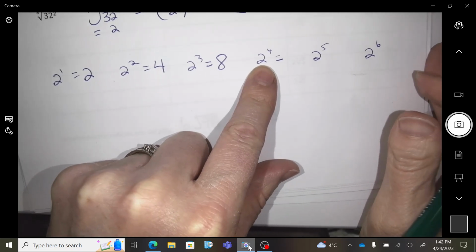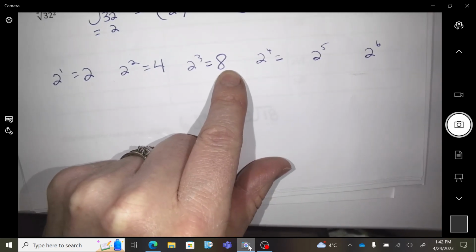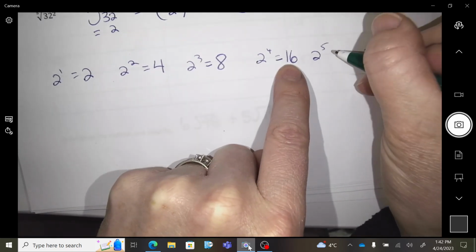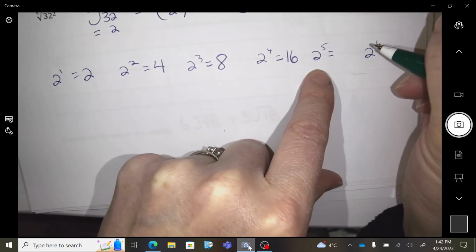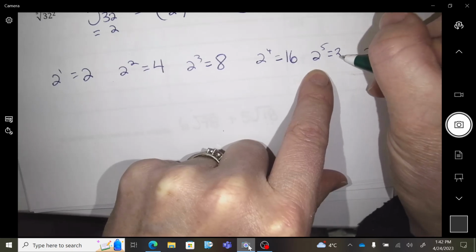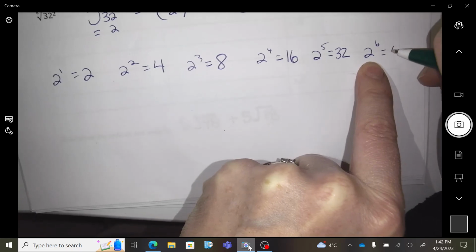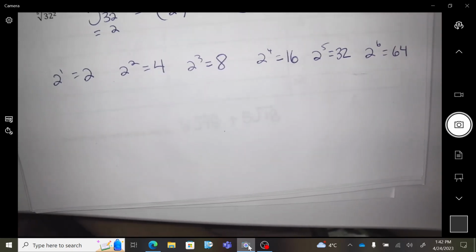So 2 to the 4th. So now I'm going to go 8 times another 2. 16. If you times it by another 2, you're up to 32. What is 2 to the 6th? 64. I probably won't have this, but what's the next, 2 to the 7th? 128.